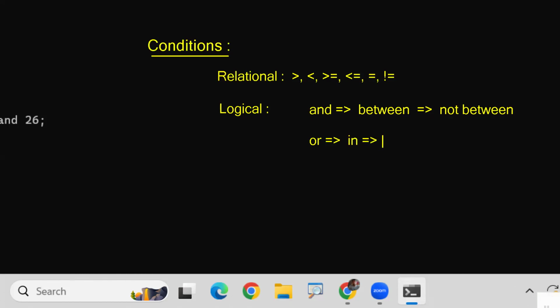If you want exactly inverse, opposite results, use the NOT IN operator. So between, not between, in and not in we are using. Simply, for using these, we can easily write the conditions.